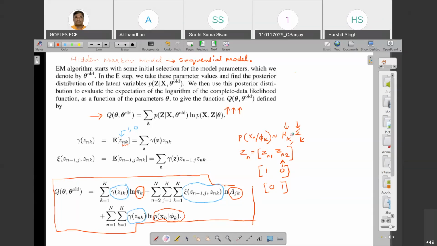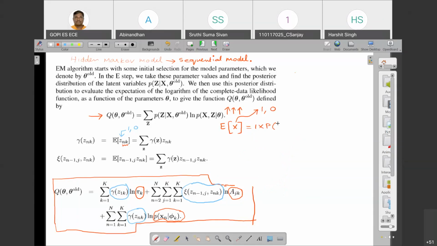is 1 or 0. When I have an expectation over a random variable, and that random variable takes either 1 or 0, then how to compute it? It is 1 times probability of x equal to 1 plus 0 times probability of x equal to 0, so this will get cancelled.